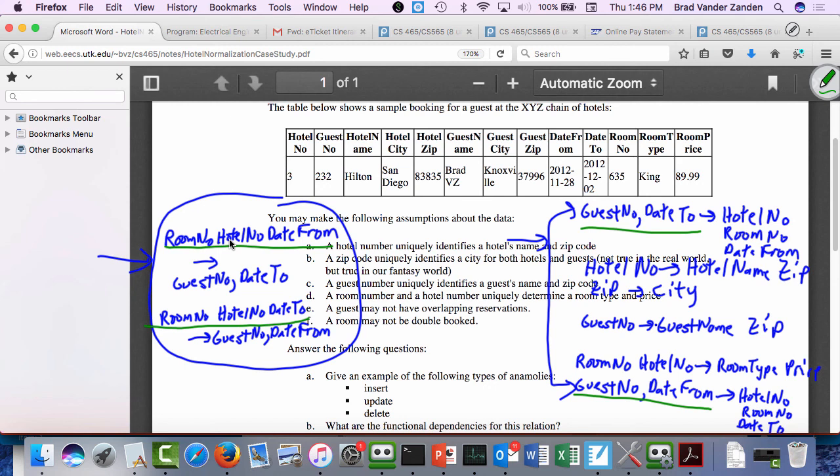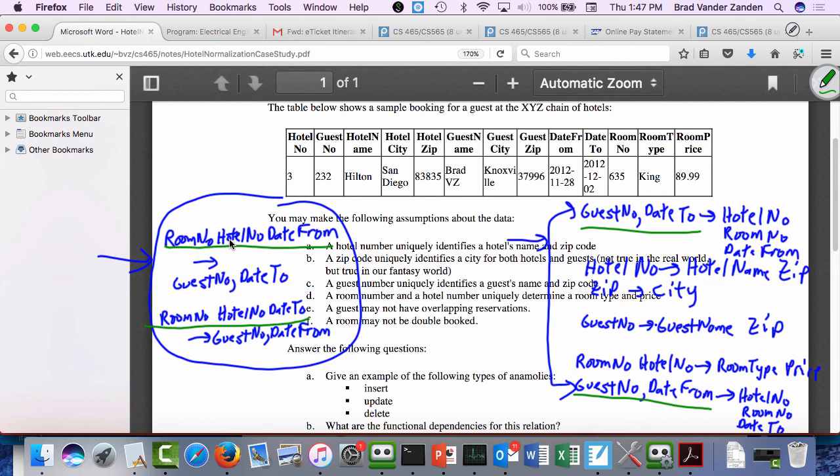And because it's boring if my primary keys are single attributes, you can be pretty much guaranteed that on homework assignments and midterm exams, primary keys will have multiple attributes. Okay. So if we say that guest number and date 2 is the primary key, what becomes a partial dependency? Which of the functional dependencies we have here?